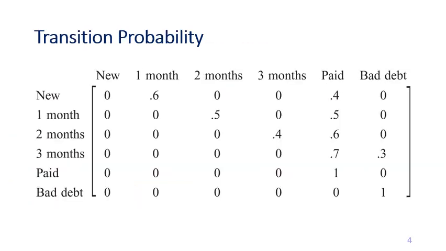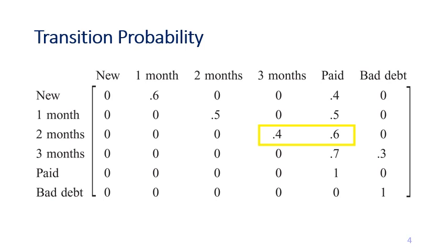Let's take a closer look at the transition probability matrix. If an account is already 2 months old, it means that you sold something to somebody 2 months ago, but up to now the person still has not paid you.